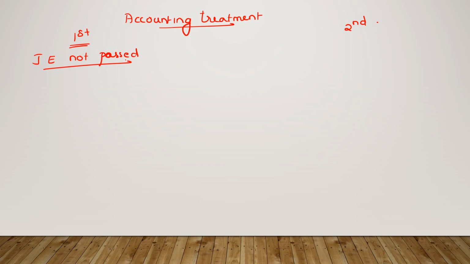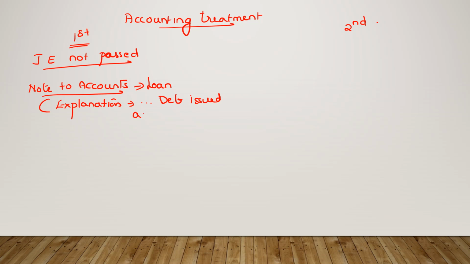So here what is done? When debentures are issued as collateral security, they do not pass any journal entry. They just reveal it by way of a note. In the notes to accounts, where that particular loan is being specified, under that an explanation is given that so much debentures have been issued as collateral security.